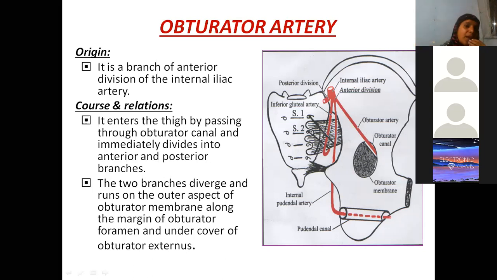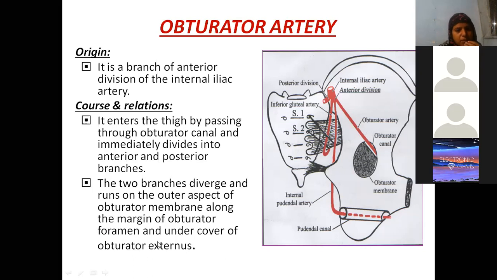In that region, sometimes, not always, an abnormal obturator artery may be present. Now I am talking about this: the obturator artery is a branch of the internal iliac artery. It passes through the obturator foramen and then enters the medial compartment of the thigh.